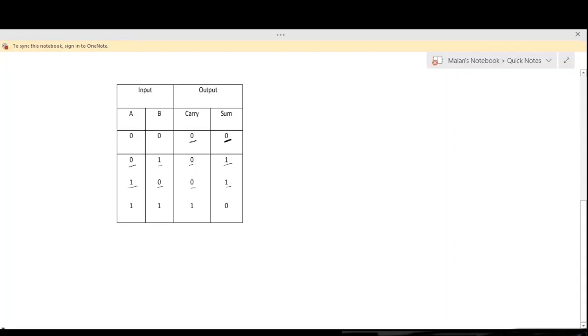Now why am I taking four input values for the variables A and B? Because we know the 2 raised to n formula to find out the possible input combinations. Here two variables are there, so 2 raised to 2 is equal to 4 input combinations.